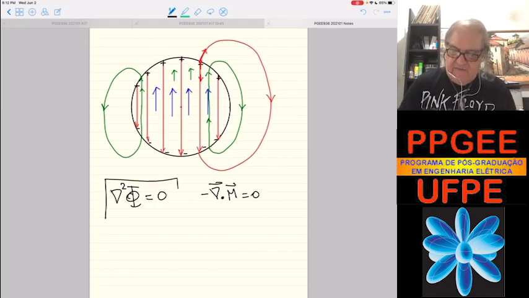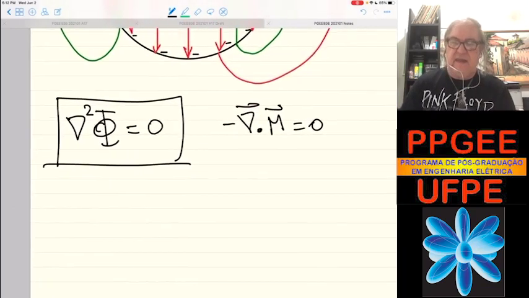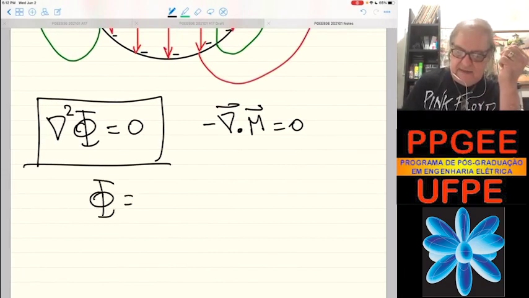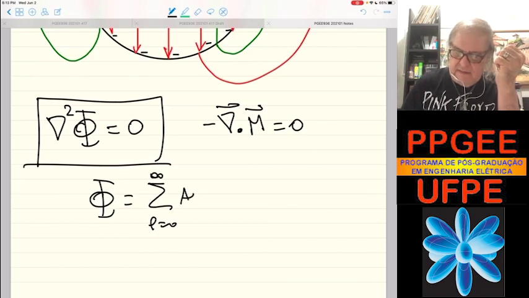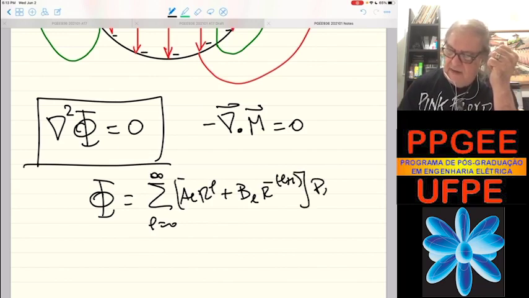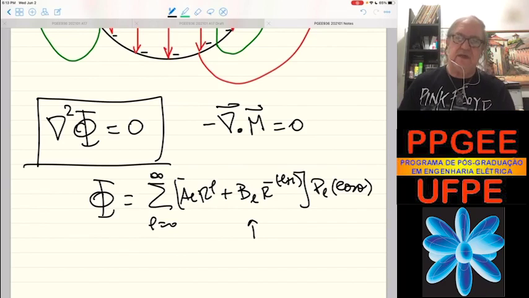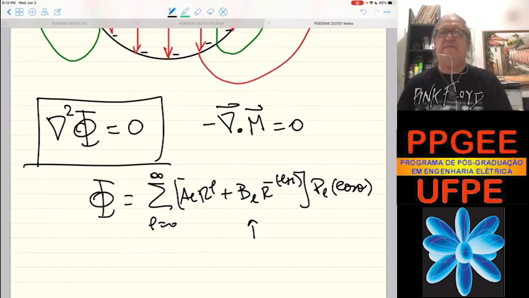So the Laplacian of phi equals 0, and obviously, because of symmetry, the solution is like this. We could use this procedure, P_l cosine theta. Then we would apply the matching boundary conditions inside and outside, and we would solve the problem. Okay?